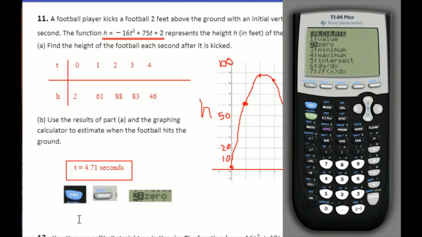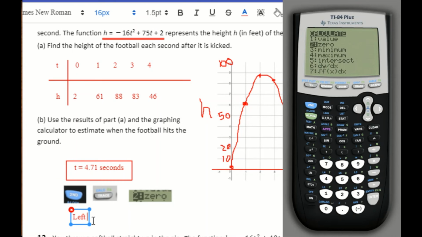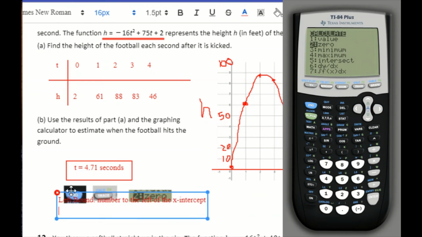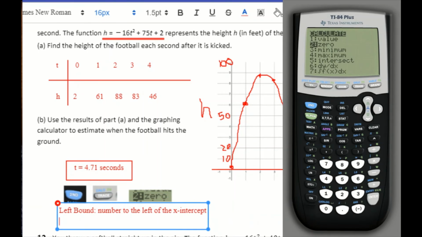So the left bound is going to be a number to the left of the x-intercept, and that's up to you, okay? The closer you can get, the better, but it's not really a huge deal what number. If I would have picked 3, for instance, it still would have worked.